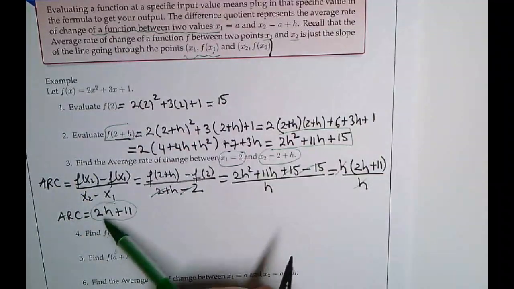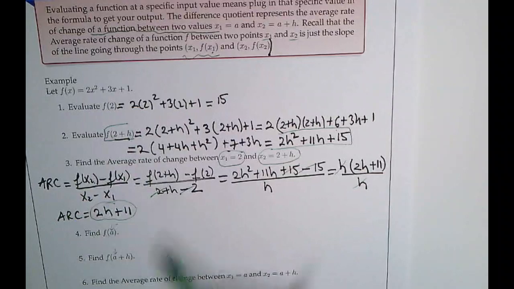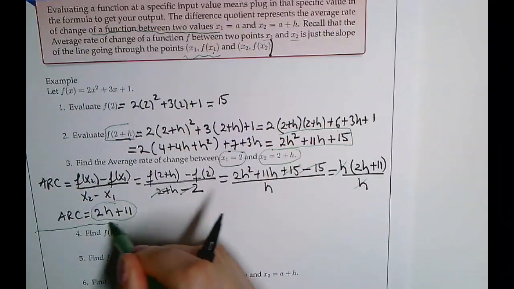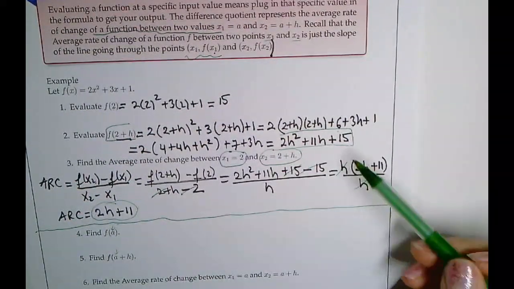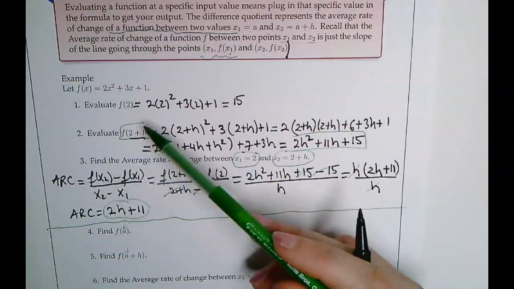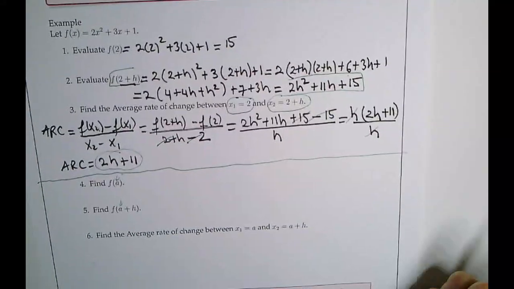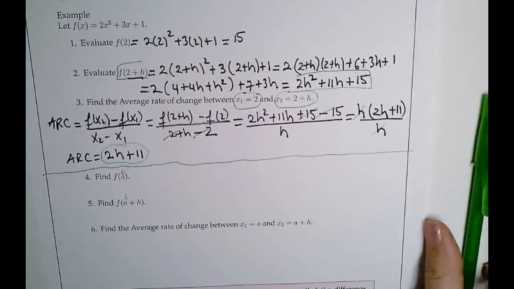If I let h go to 0, this difference quotient is going to be what we call the derivative at 2. So don't worry about that. I'm just telling you that it's important to know how to calculate this average rate of change, this specific one in this form, because it's going to help you calculate derivatives in calculus.